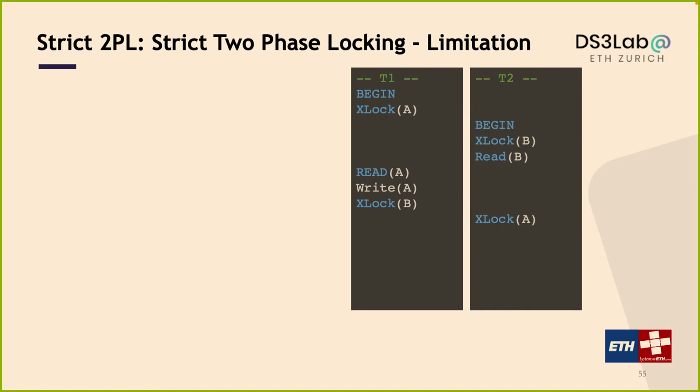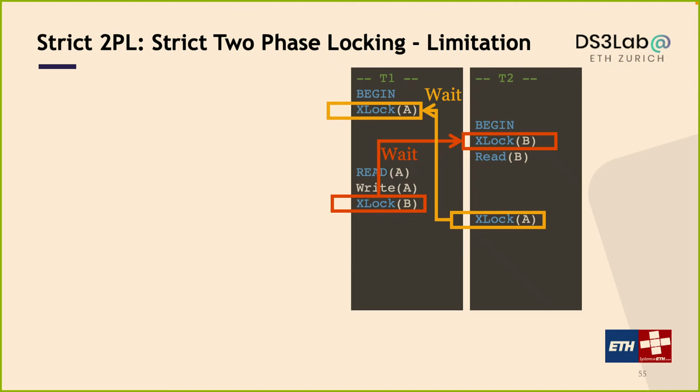But what's the problem? If you look at this schedule, at this moment, when T2 acquires a lock on A, it needs to wait for T1 because T1 is holding the lock. And at this point, when T1 tries to acquire a lock on B, it also needs to wait for T2 because T2 is holding the lock.